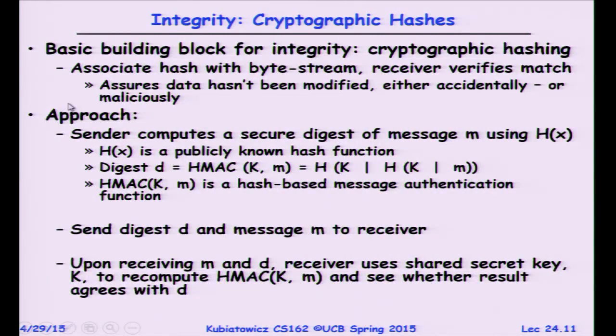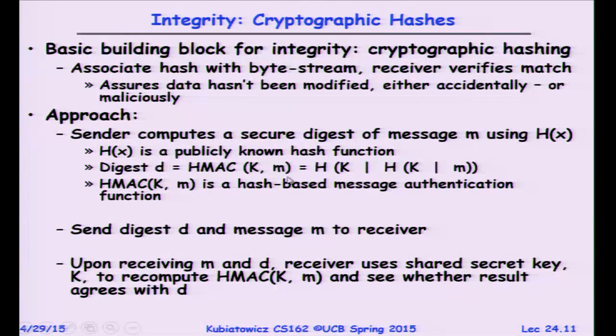So the approach here we're going to talk about for just a moment is, for instance, suppose that we have M, and we want to prove to somebody that yes, this M is what we're sending, but we're going to prove that it's us. And so we start out with a hash function, h of x, and h of x is going to be known by everybody. It's publicly known.